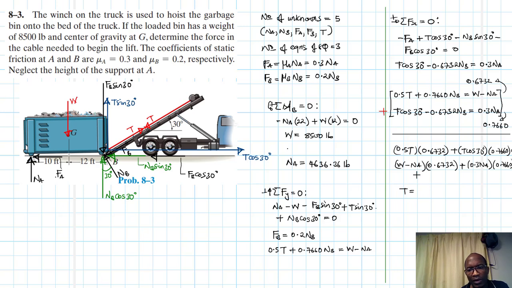Alright, then T is just going to be equal to 66.53 pounds.